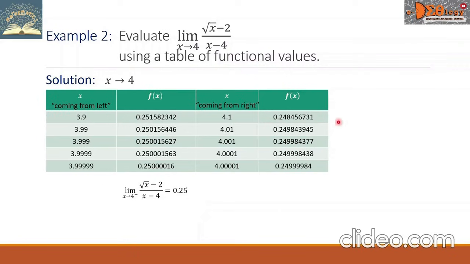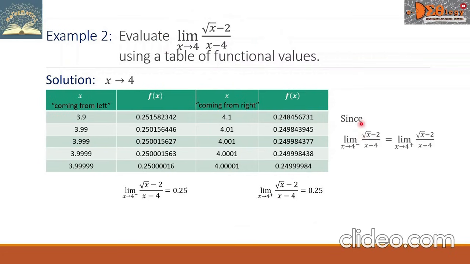Now what about the values that come from the right? Looking at our f of x, as x comes to number 4 from the right, the values of f of x will come to the value 0.25. So we can write like this. The limit of square root of x minus 2 over x minus 4 as x approaches 4 from the right is equal to 0.25.